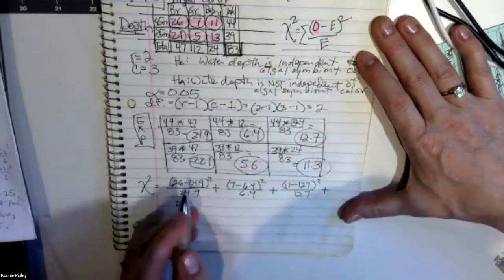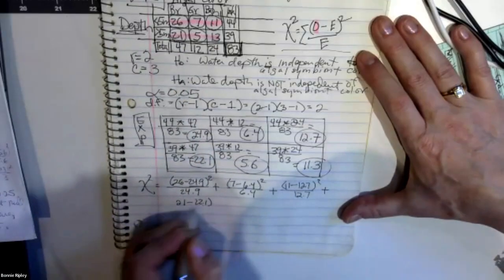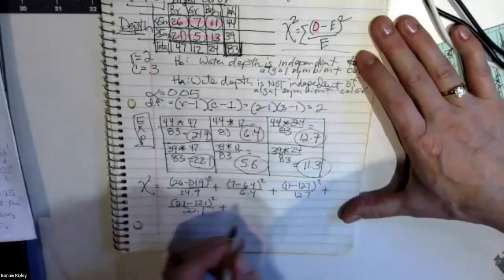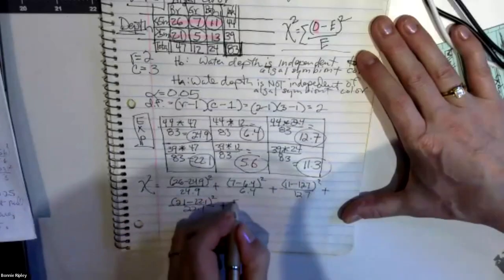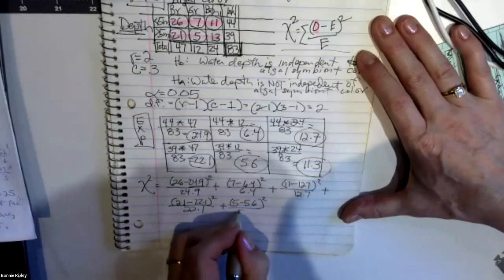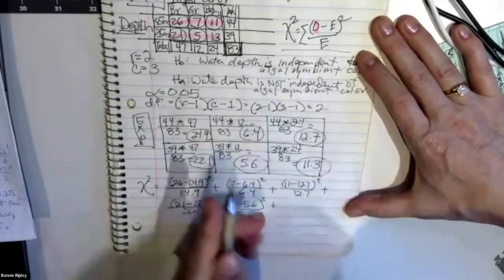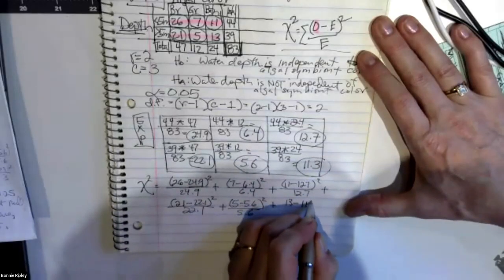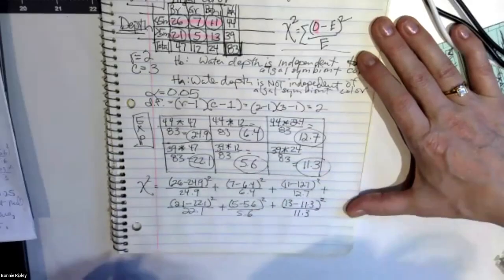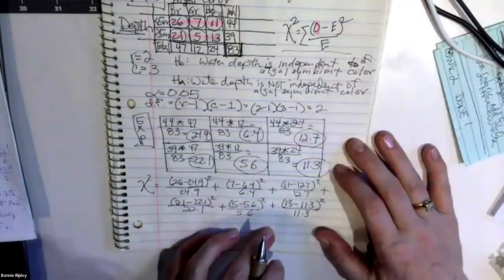That can help me make sure I have all the terms. 21 minus 22.1 squared over 1 plus 5 minus 5.6 squared over 6 plus 15 minus 11 squared over 11.3.